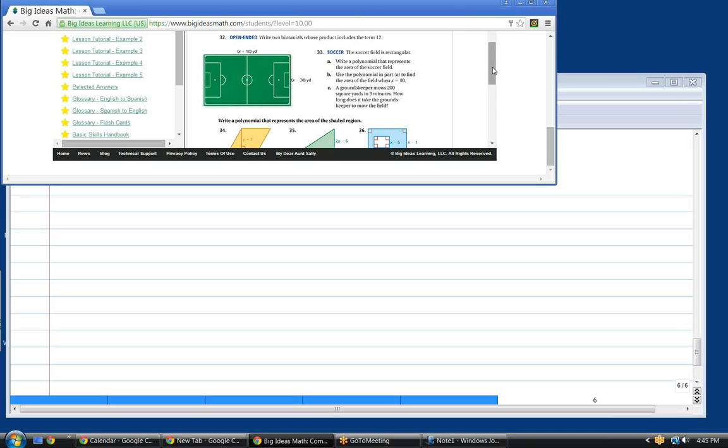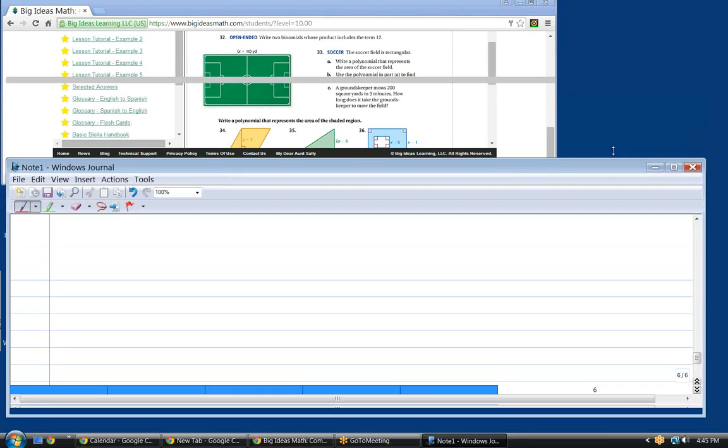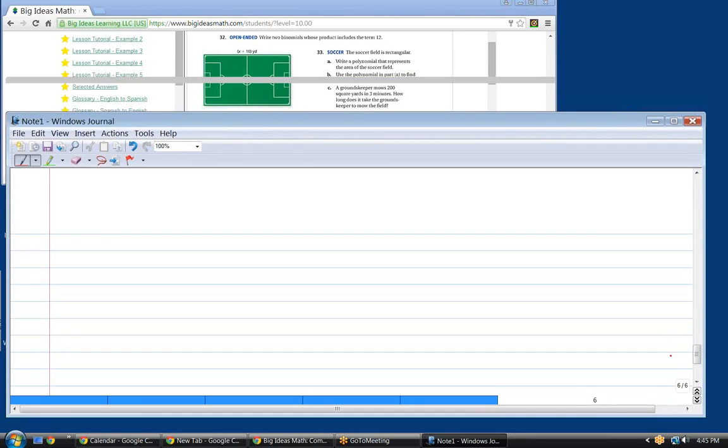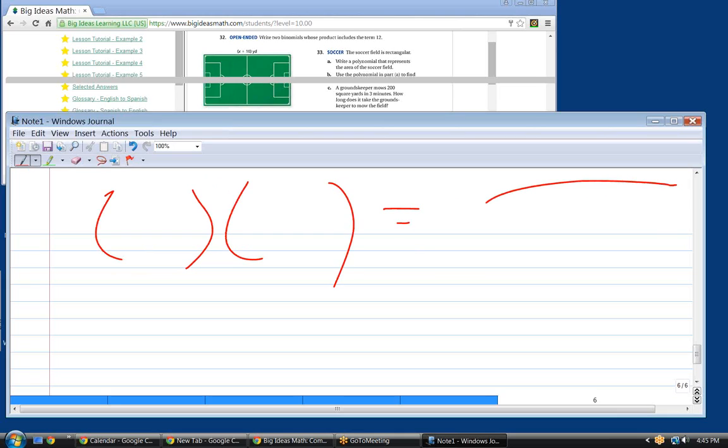Write two binomials whose product includes the term 12. Number 32. In other words, we don't want 12 in the binomials, but we want a 12 somewhere in the answer.